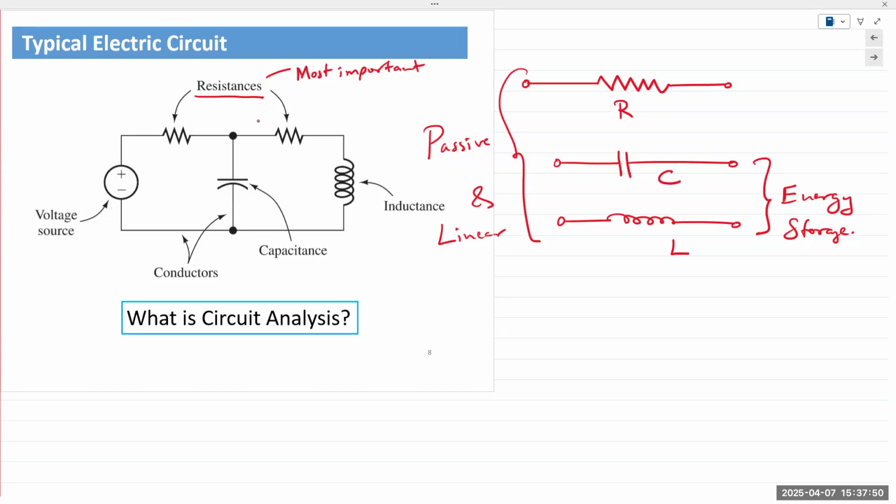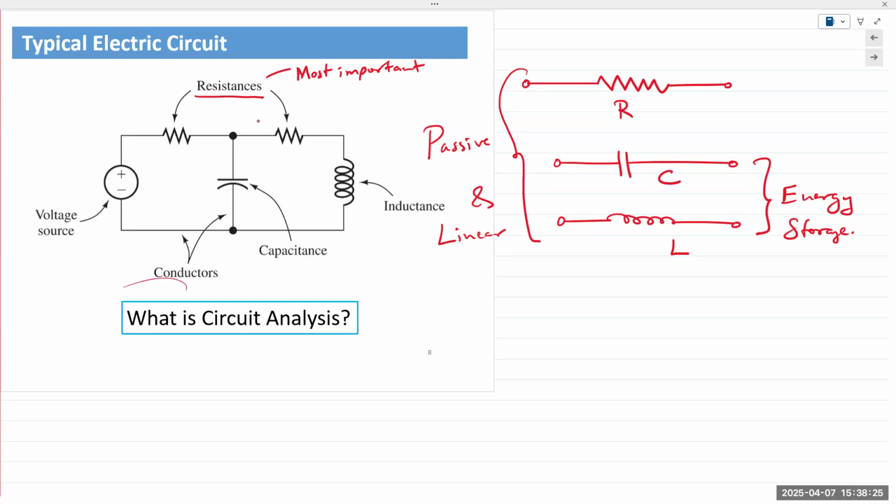For all three components, if voltage increases, the current increases, and if voltage decreases, current decreases. In addition, capacitors and inductors are energy storage devices. They can store energy and release it back into the circuit at a later point in time, depending on circuit conditions. But the focus of this course is not capacitors and inductors, it's resistive circuit analysis.